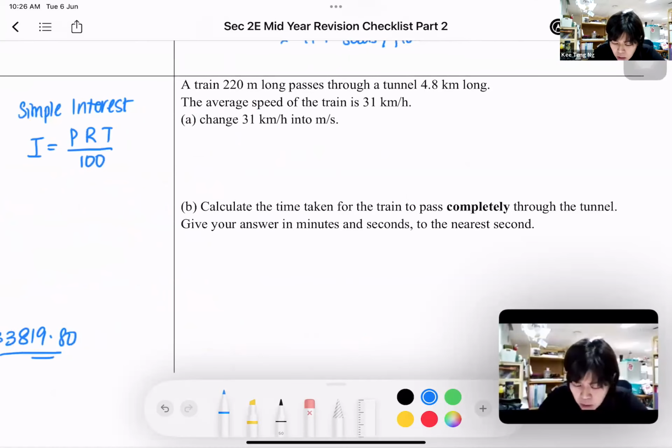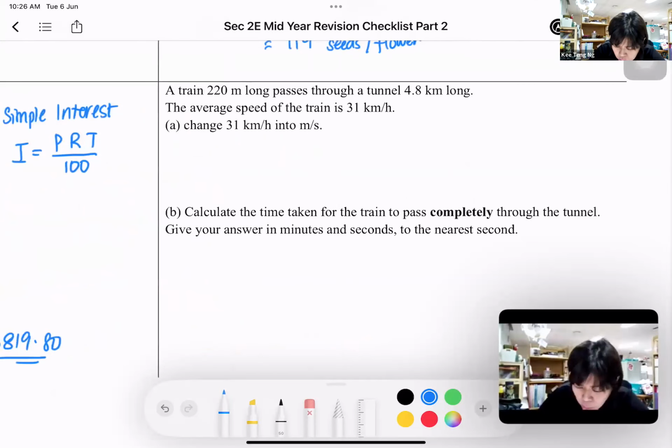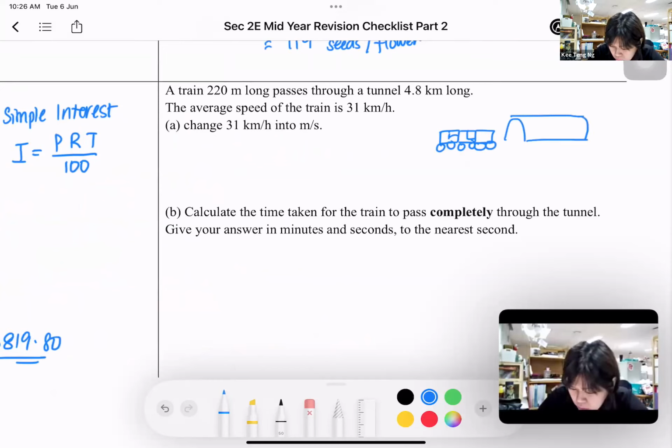Next one. An MRT train. So I have a train. How to draw a train? Okay, train. It passes through a tunnel. So I have a tunnel. The tunnel itself is 4.8 kilometers long.